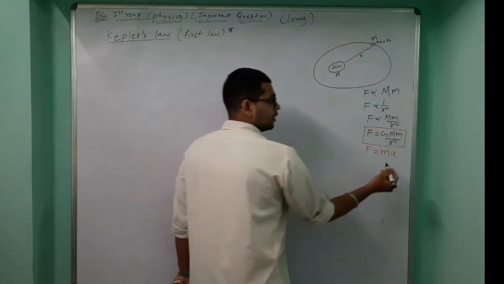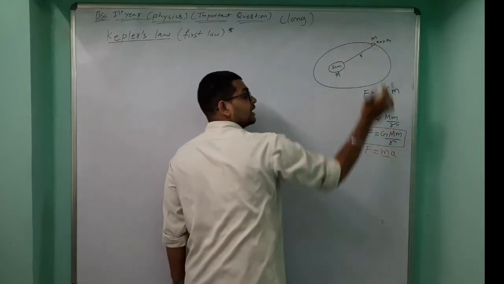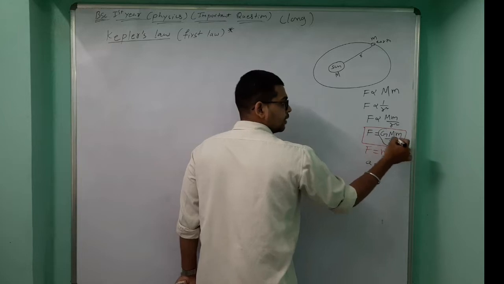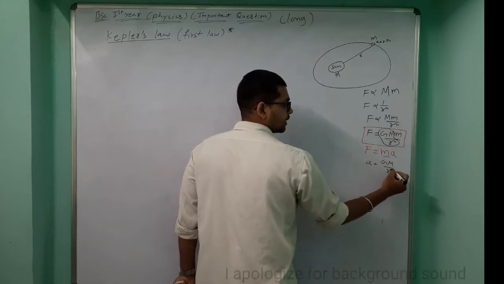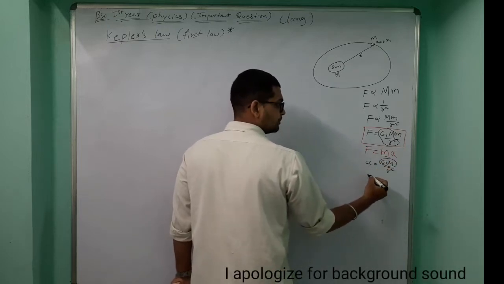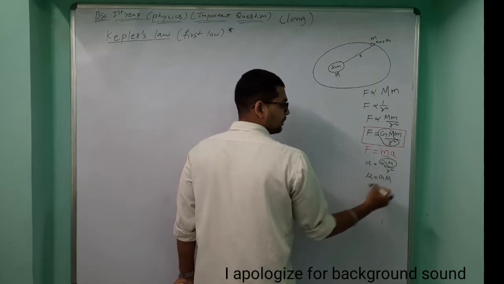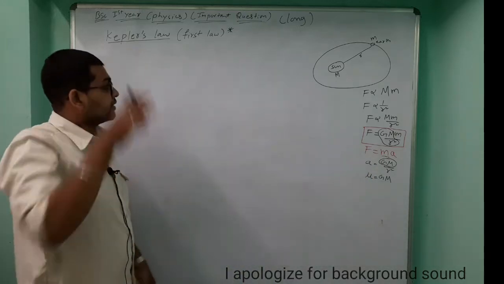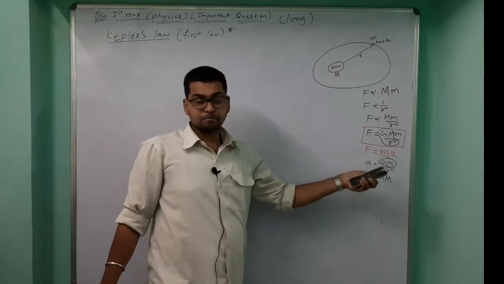If I compare, m is the mass of the Earth and the acceleration we get is this part, G capital M by r square. I'll write this as mu for convenience: mu is equal to G capital M. So the force between the two bodies is given by this, and finally by comparing we get the acceleration.